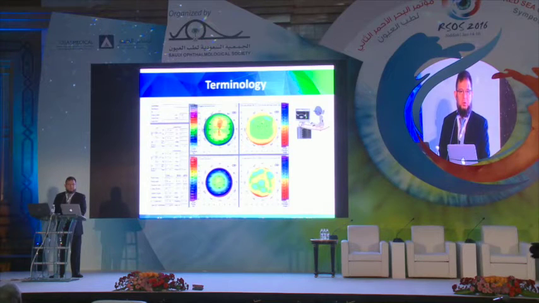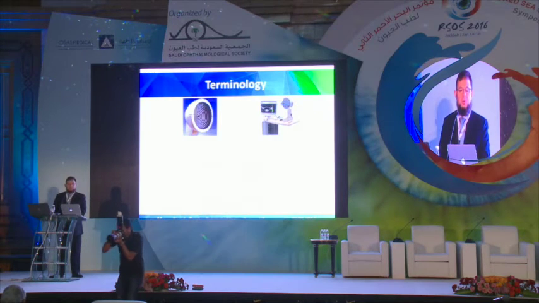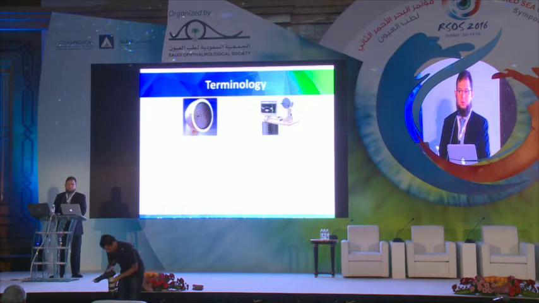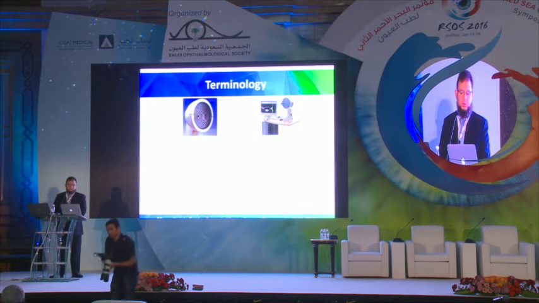In addition to that, because it depends on a slit view of the full thickness of the cornea, it gives so many maps. The most commonly used maps are the anterior curvature map, the anterior elevation map, the posterior elevation map, and the pachymetry map. Now, very briefly, when should we use topography and when should we use tomography?